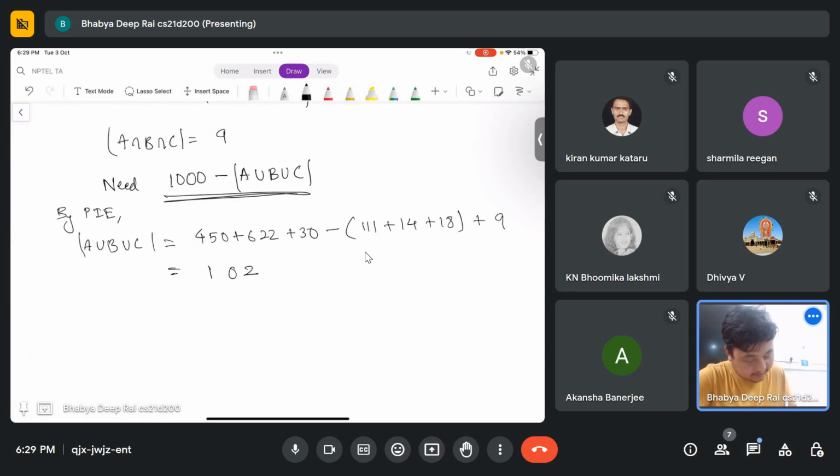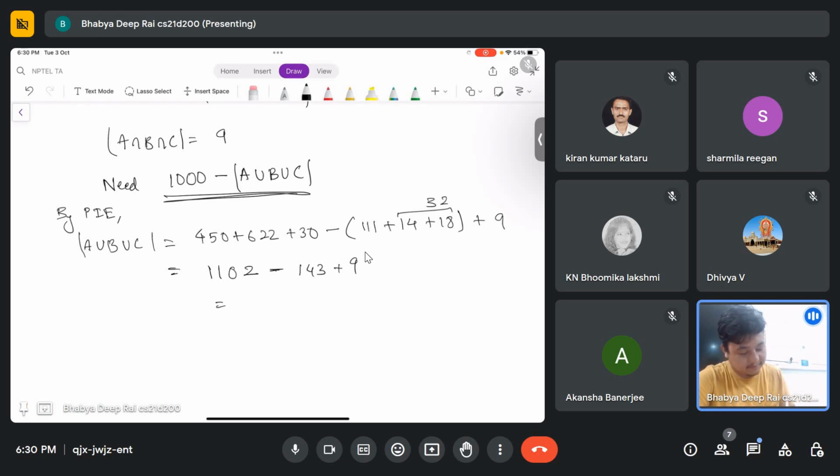1102 probably, minus 111 plus 14 plus 18. So let's add this first. 14 plus 18 is 32. Now 32 plus 111 is 143, plus 9.